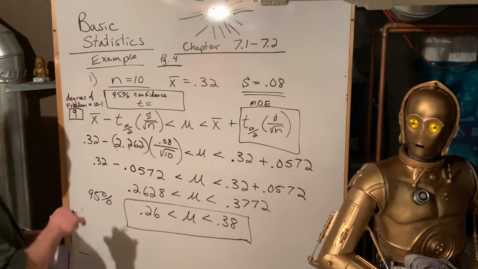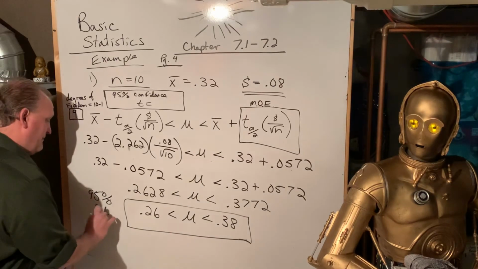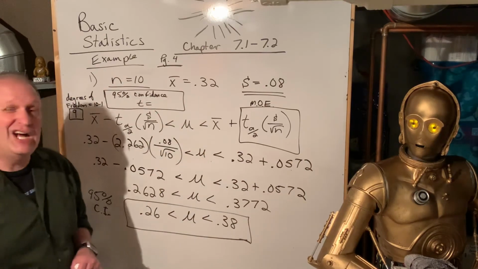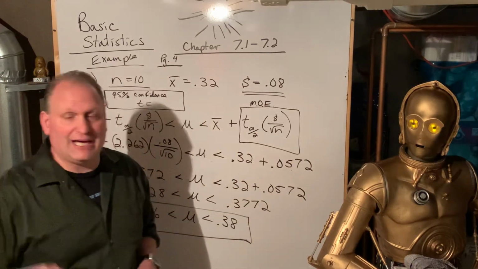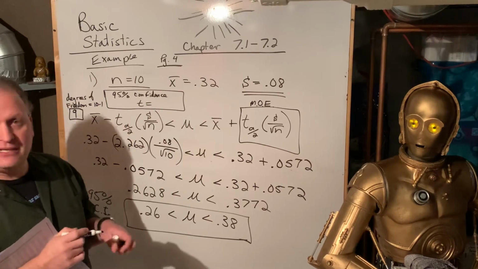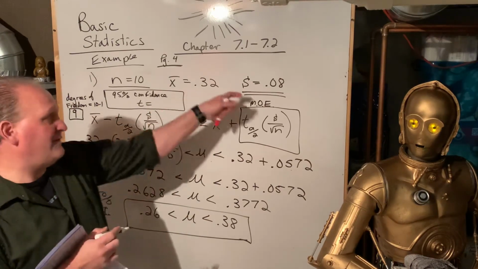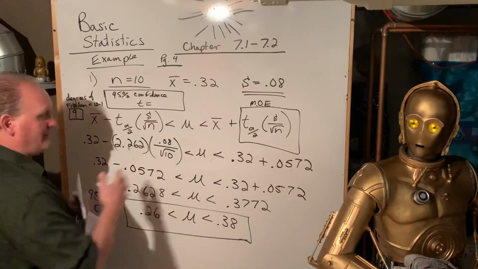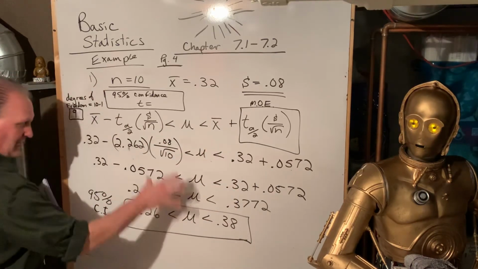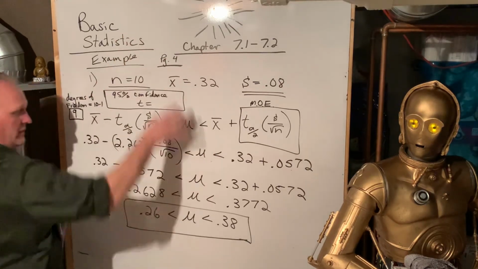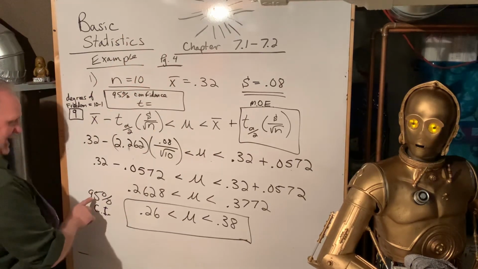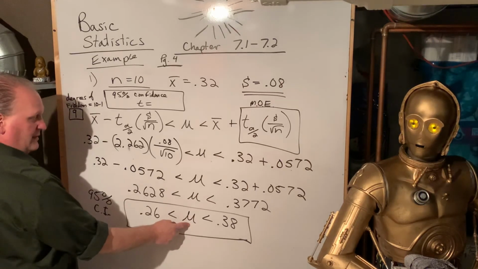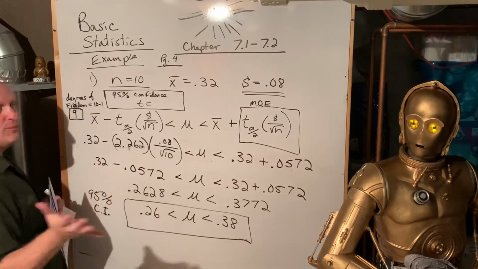Now remember what 95% confidence interval means. That means if I redid this experiment another 100 times, I stopped 10 cars, measured the tread, and found the mean and standard deviation of each one, then if I lined up all 100 of those intervals, 95 of the 100 would actually capture the true mean of the population, and 5 of them would not.